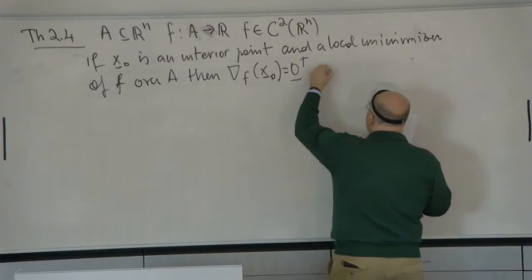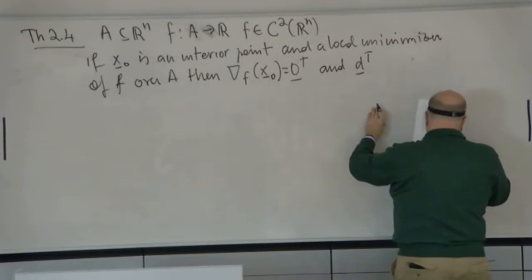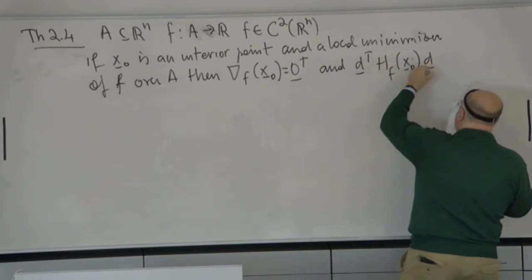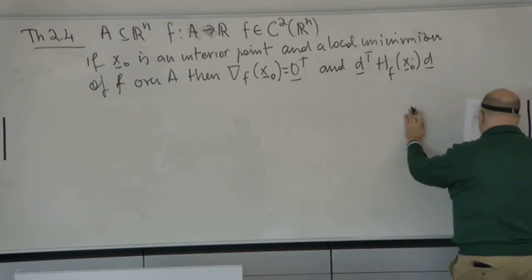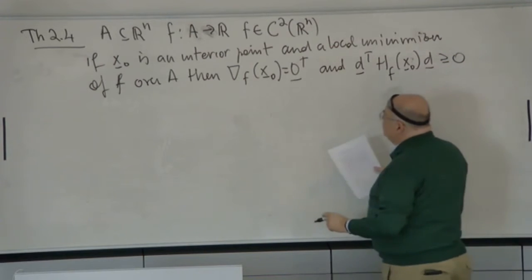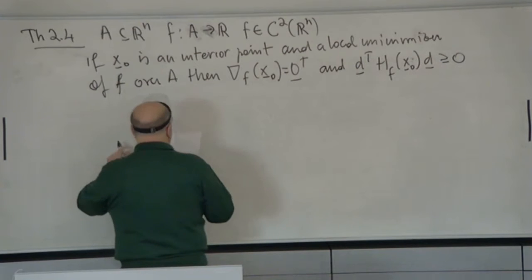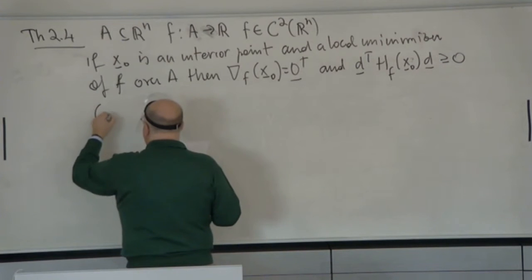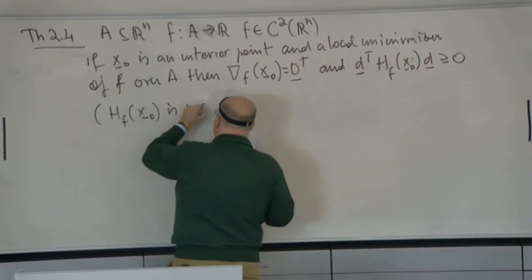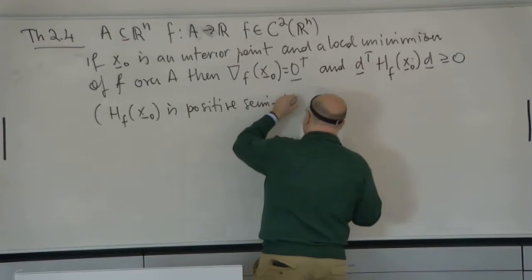And d transpose times the Hessian matrix at x0 times d is non-negative, which is like saying that Hf at x0 is positive semi-definite.